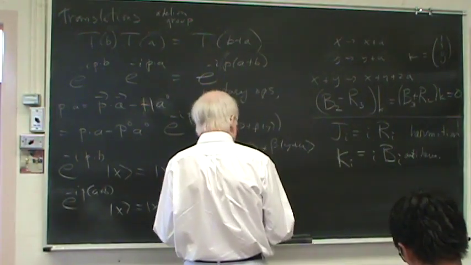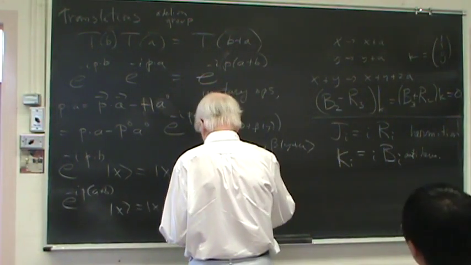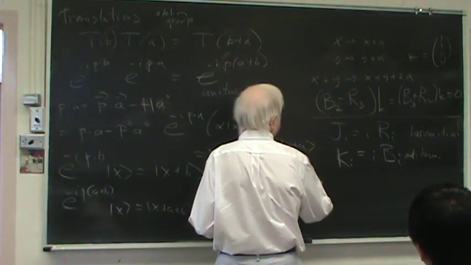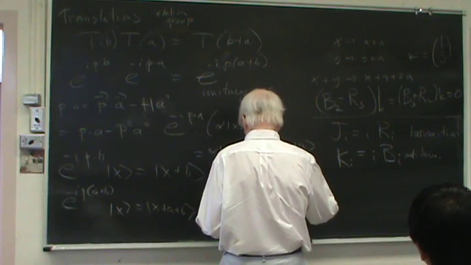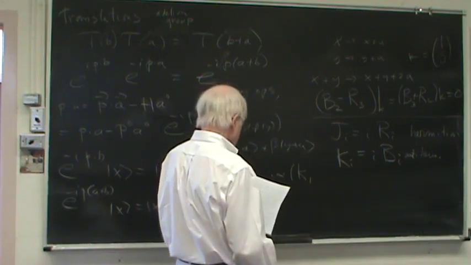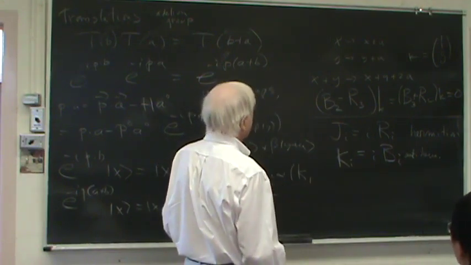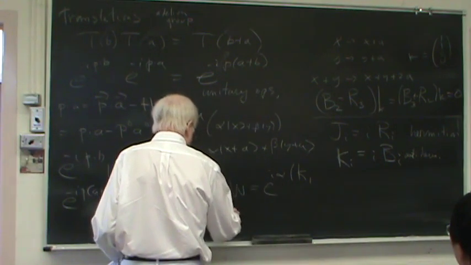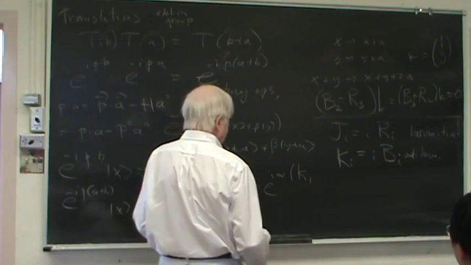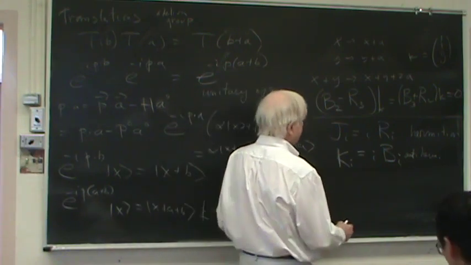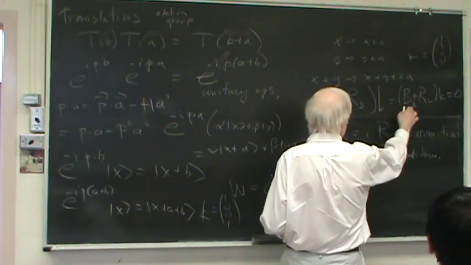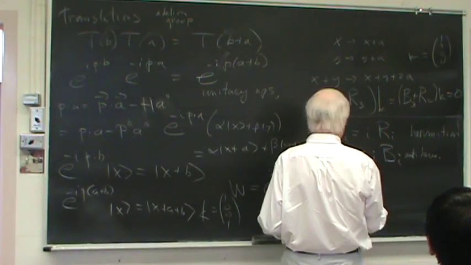So what we have here is that W has to be something like e to the i alpha. Okay, now I'm switching to Weinberg's notation, where Weinberg uses K1 and his things, instead of mine being K2 and K3.